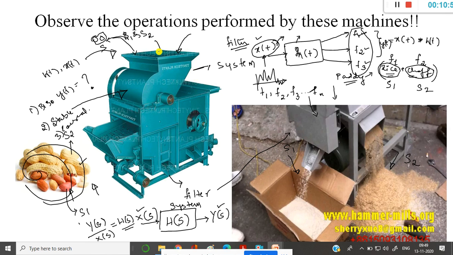Do you mean the system has to store how many kgs went into the decorticator? If I put 3 kg of groundnuts today, should it remember tomorrow that yesterday I put 3 kgs? No, it is not required. So the system can be memoryless. No need to remember how many kgs of groundnut I put into the decorticator yesterday. That's where the concept of linear time invariant systems lies.